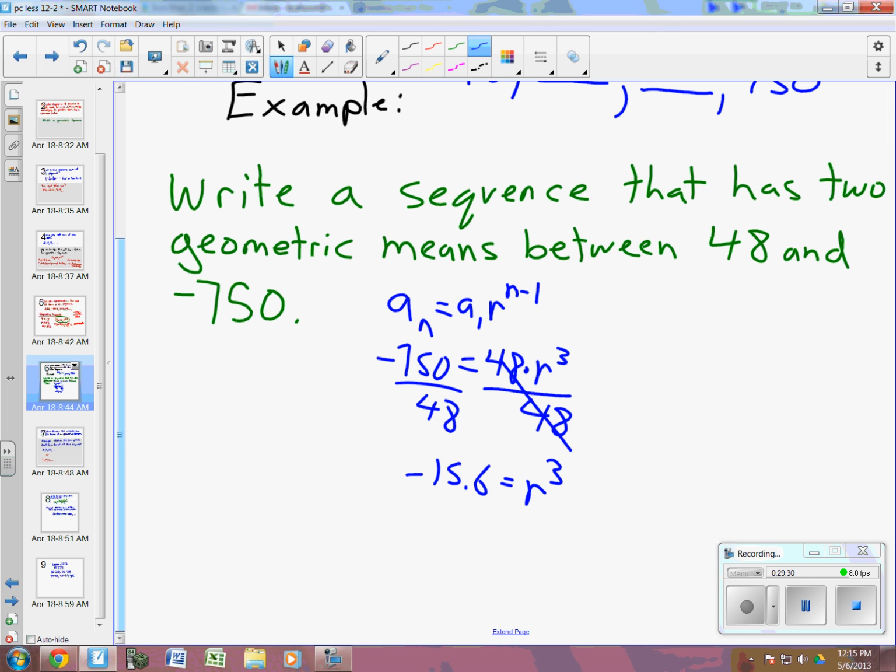How do I get r by itself? Cube root. You guys all know how to do that on your calculator? Negative 15.625. Take the cube root of negative 15.625.